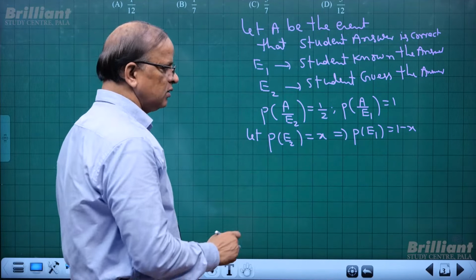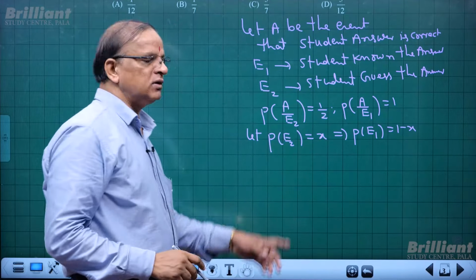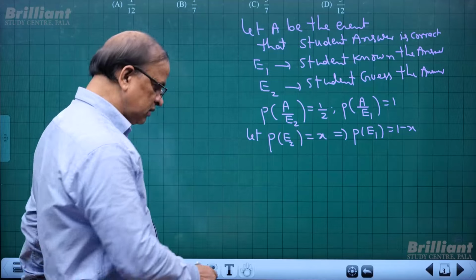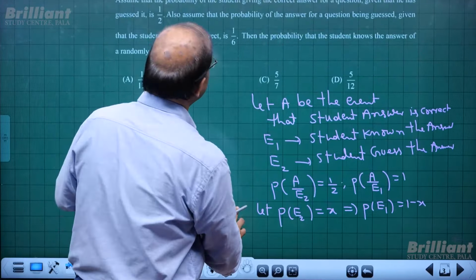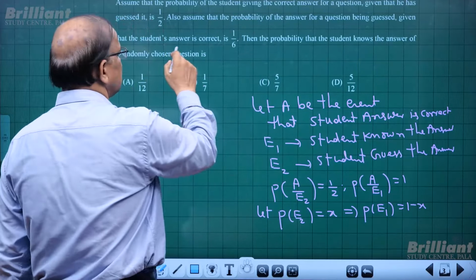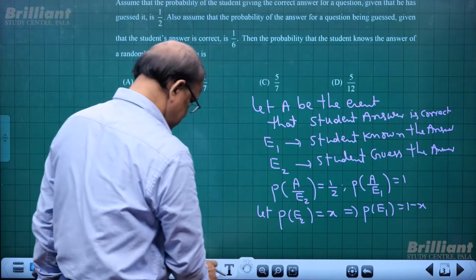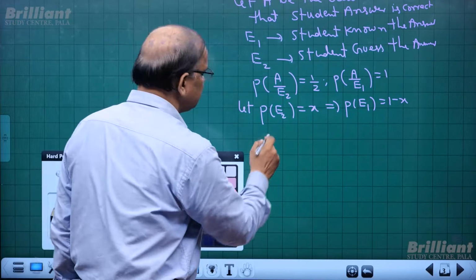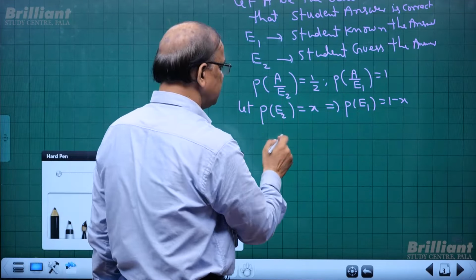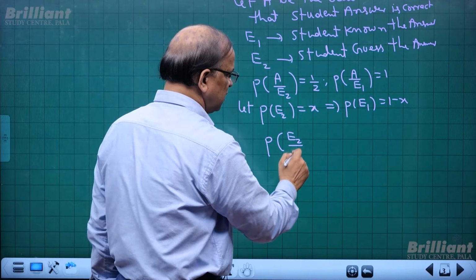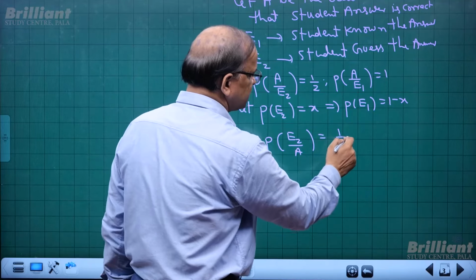So therefore now he is asking P of E2 by A. He is not asking it directly, but it is given that P of E2 by A is 1 by 6, because given that the student answer is correct, it is 1 by 6, right? So that is P of E2 by A.